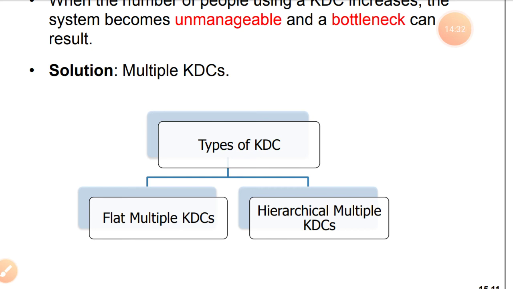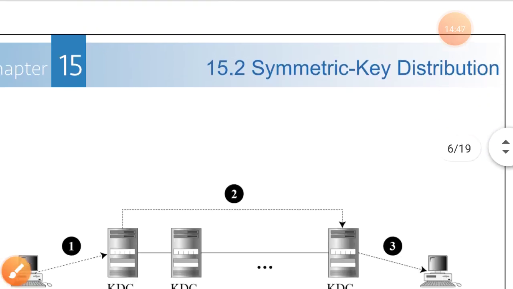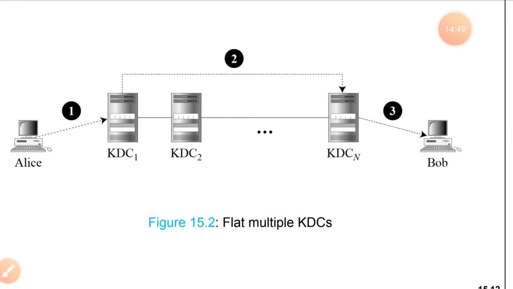We classify this into two types: flat multiple KDCs and hierarchical multiple KDCs. Now we'll see flat multiple KDCs first. There are different people, and here we are dividing each one as a domain.